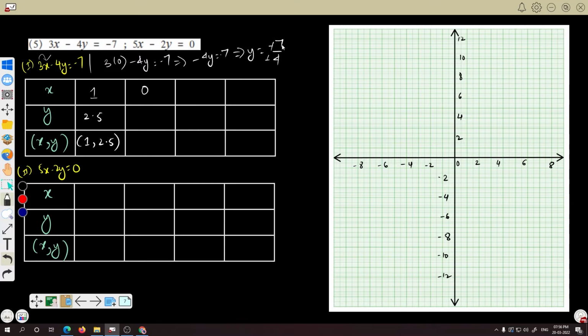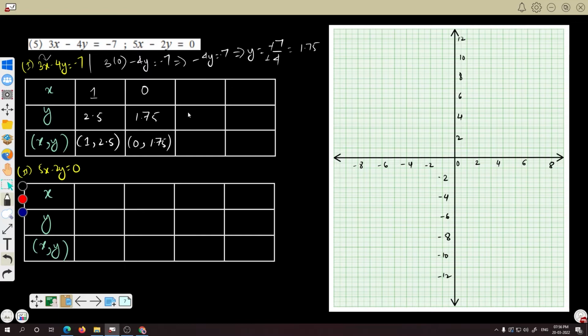Minus minus will get cancelled. And if you divide 7 by 4, the value will turn out to be 1.75. So the coordinates are 0 comma 1.75. I hope this is clear to you.